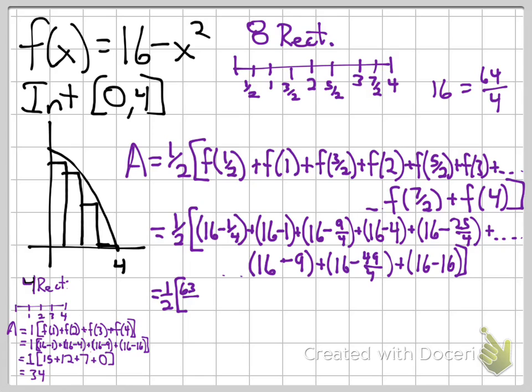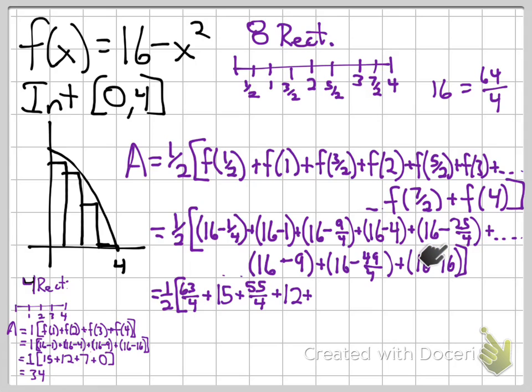So that's going to be 63 fourths. 16 minus 1 is 15. We're here at 16 minus 9/4. That looks like 55 fourths. Next term is 12, 16 minus 4.